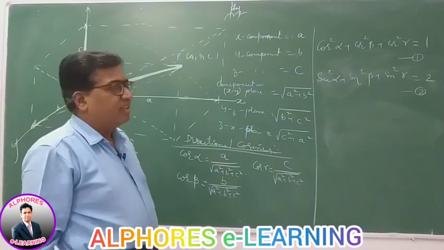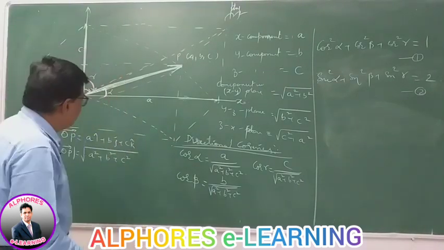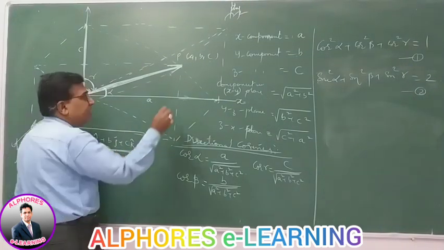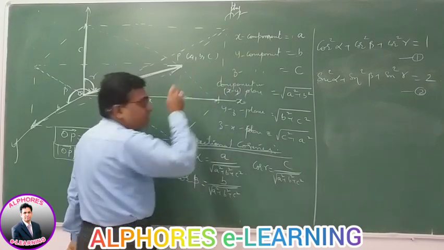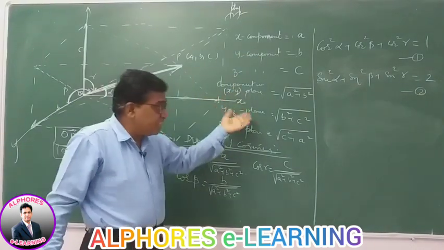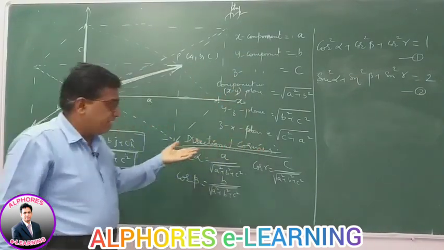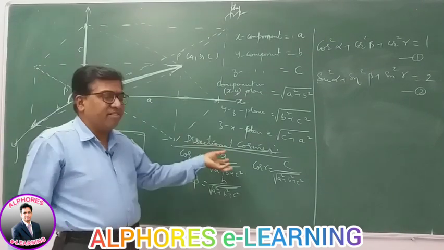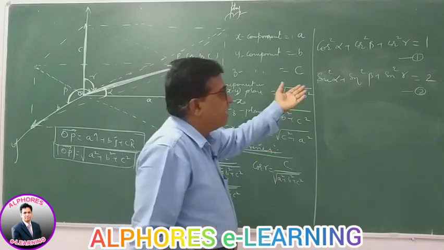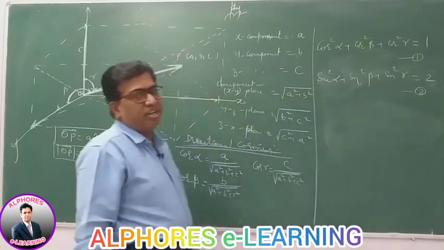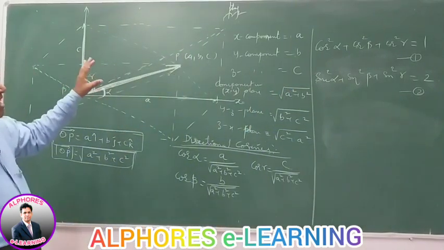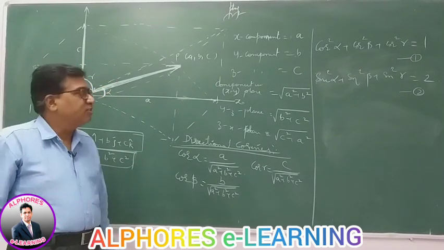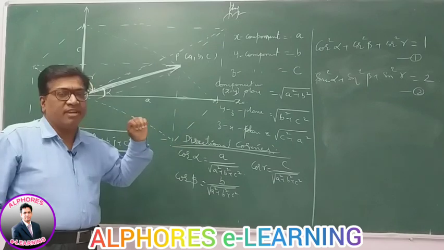First you can represent the position vector, then the magnitude of the vector, then the components along the axes, components in the planes, and the direction of the vector given by the directional cosines, and the identities like this. So this way you can represent the rectangular components of a vector in three-dimensional space.